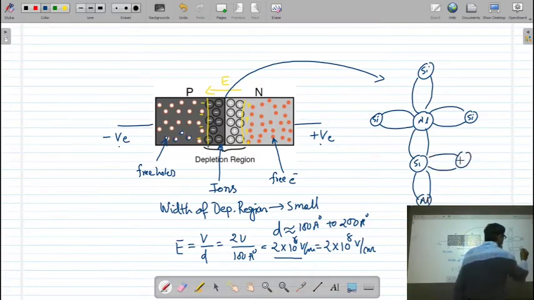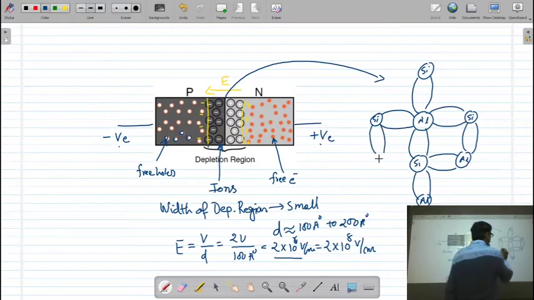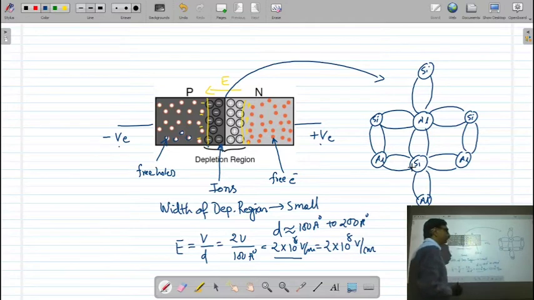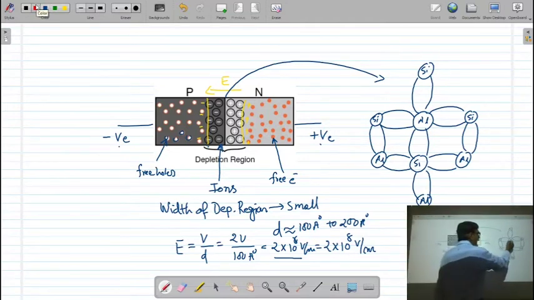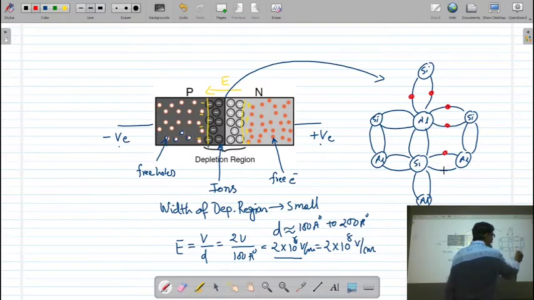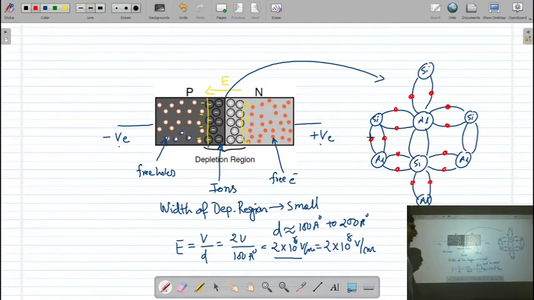So we have this kind of structure. Correct? Now already you know what a covalent bond is. In this covalent bond, the aluminum electron and the silicon electrons are there. In the same way here there is a pair of electrons like this. So a number of covalent bonds are there.